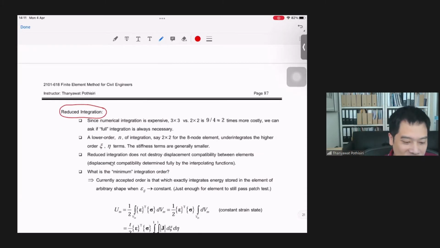Okay. So first of all, in terms of computation expense, right? If you use 2x2 instead of 3x3, it means you are computing multiplication at 4 points instead of 9 points. So you are doing multiplication 4 times instead of 9 times, right? So basically, you are reducing the cost of your computation quite a bit.